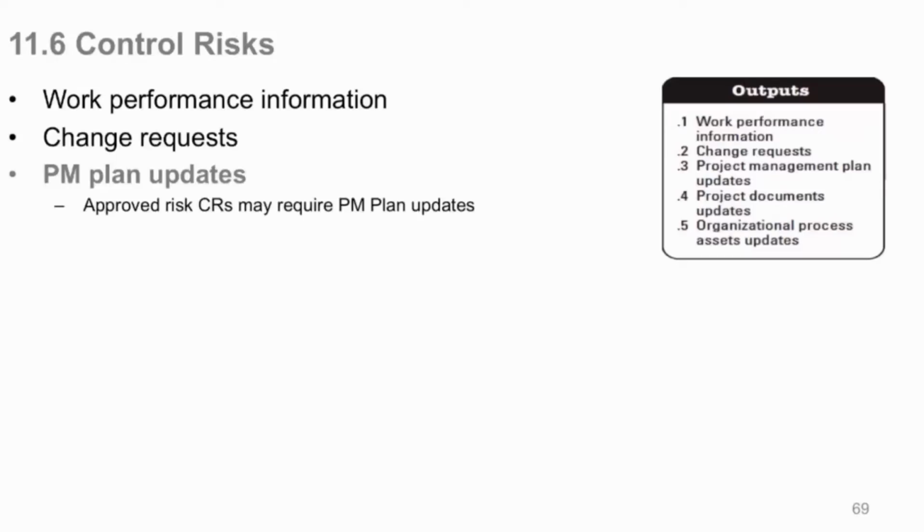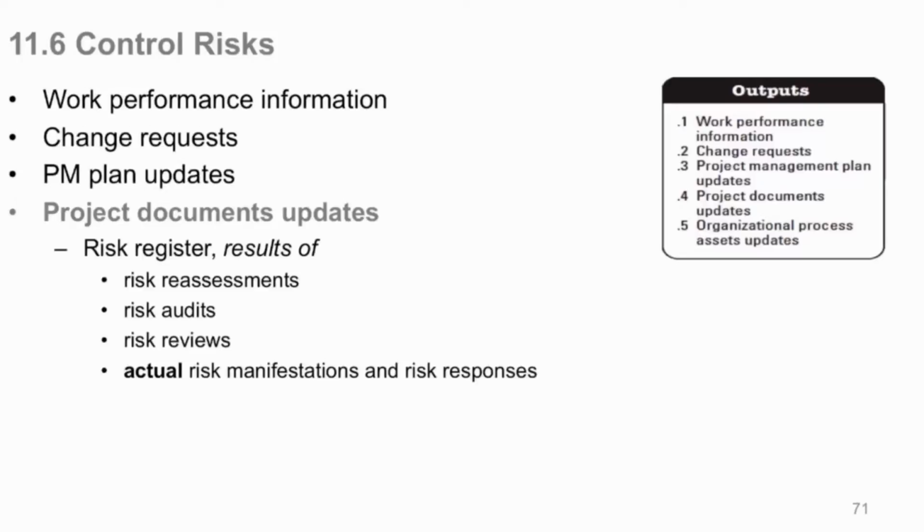Outputs are, again, your PM plan may be updated because of all this. Your approved risk change requests, again, may require an update to some of your plans, your subsidiary plans. And project documents, most obviously, your risk register will be updated for sure if you activate a risk response plan, because the results, a little history of how this response rolled out in your company, in your project, how you did it, and the results of it are part of the risk register.